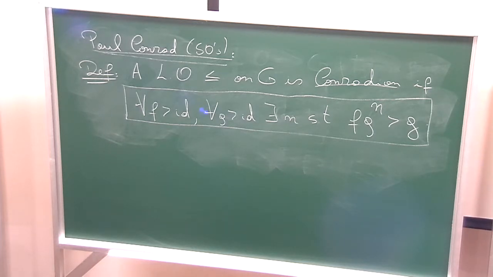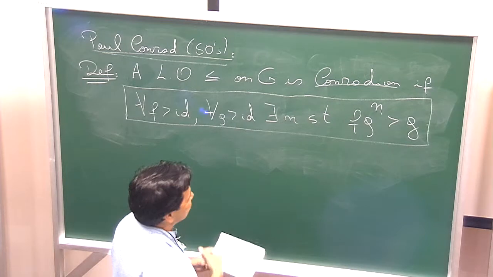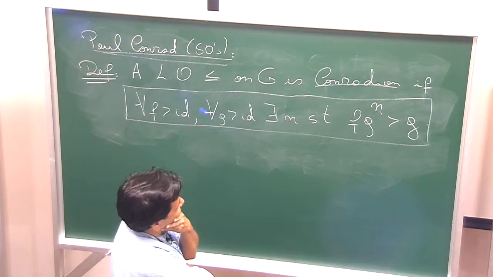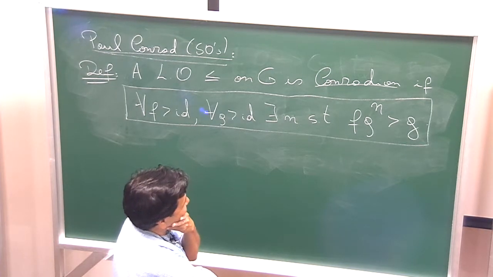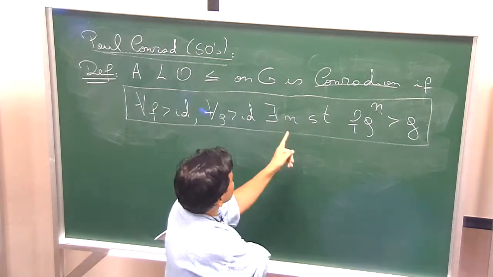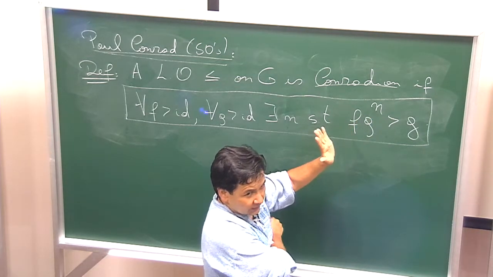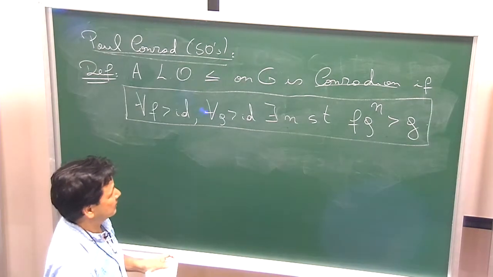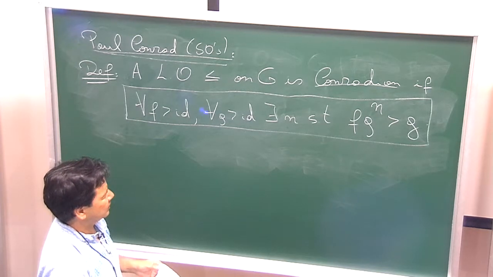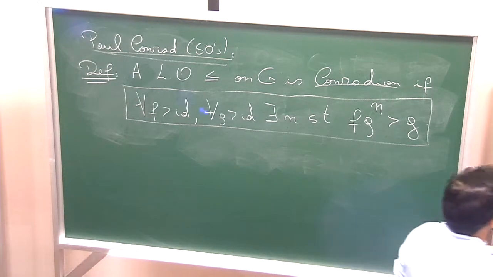Is n necessarily positive or negative? What I would like to say is that if there is an n such that this holds, then this holds for an n which is positive. Look, this is the kind of thing that I can do.